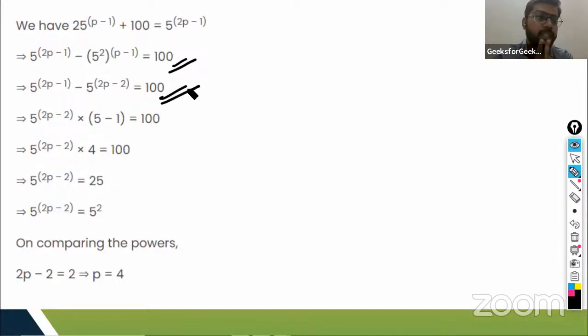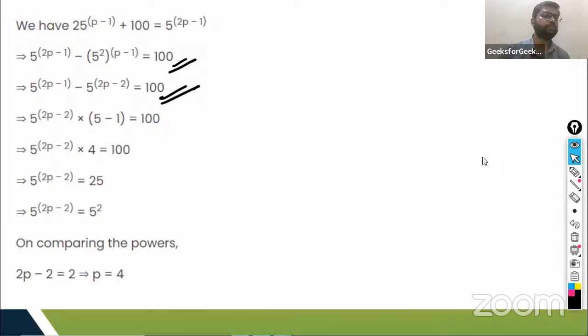I have done only this step, 5 to the power 2p minus 1 minus 5 to the power 2p to the power this. Does anyone have any issue with this? No, sir. Okay. Now, just tell me, so basically you have this one method.